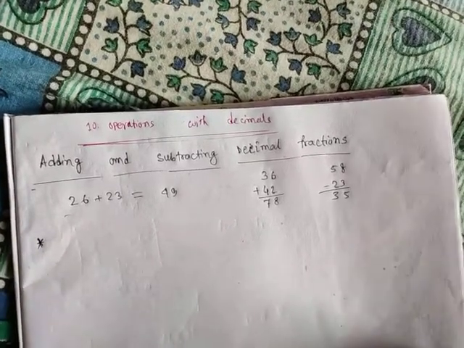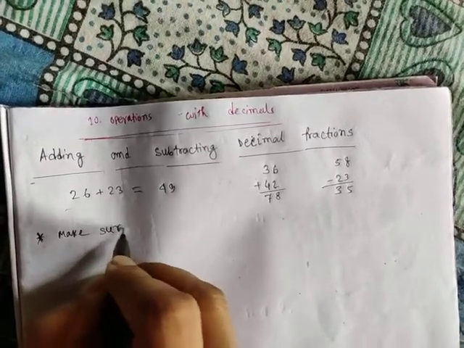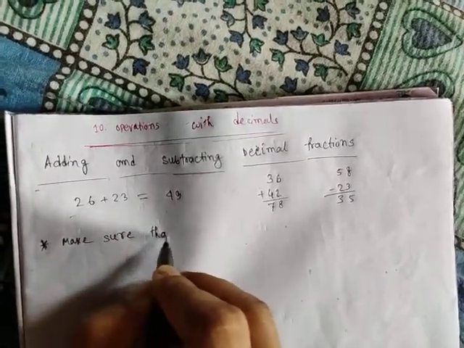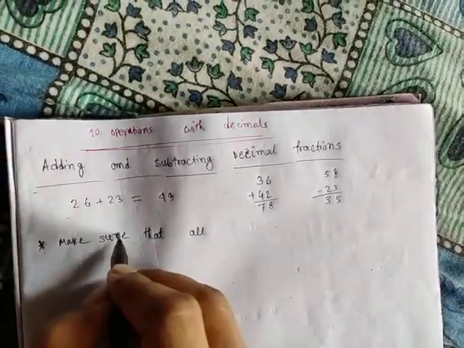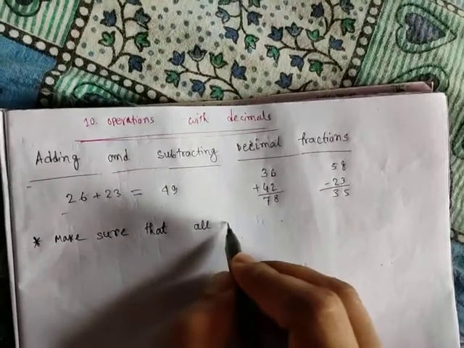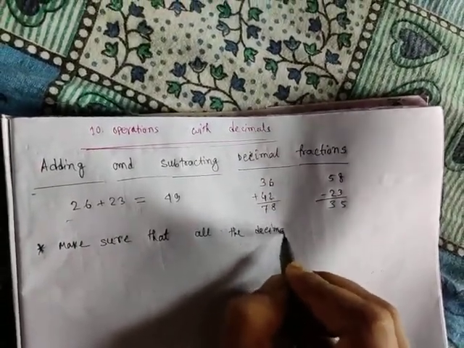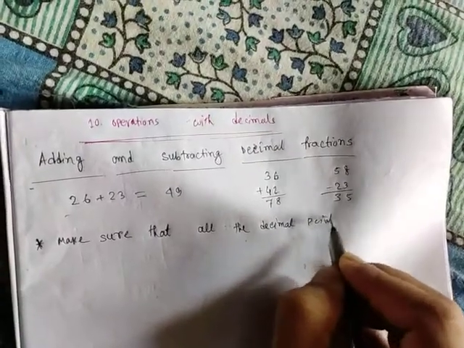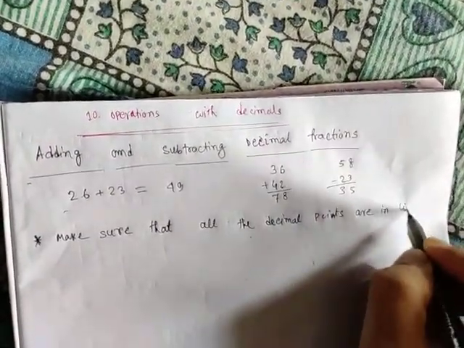What are the 2 points? First point, make sure that all the decimal points are in line.